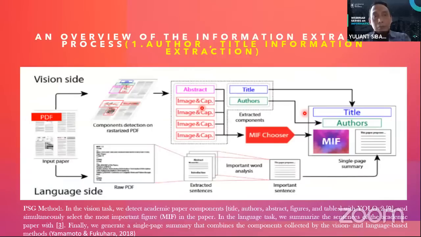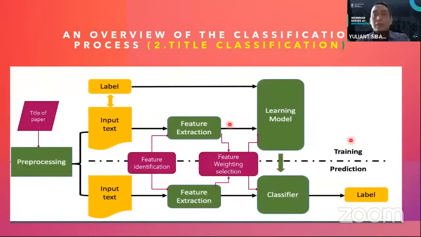Okay, after we can extract the title and author, we can continue with the next step. The next step is title classification. What I mean is that in title classification, we classify a title into one class.